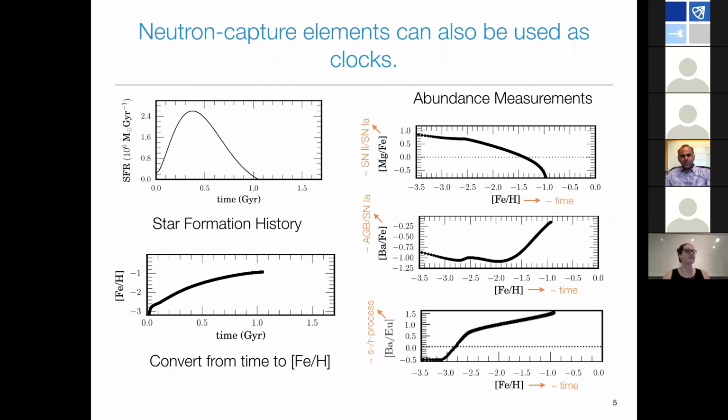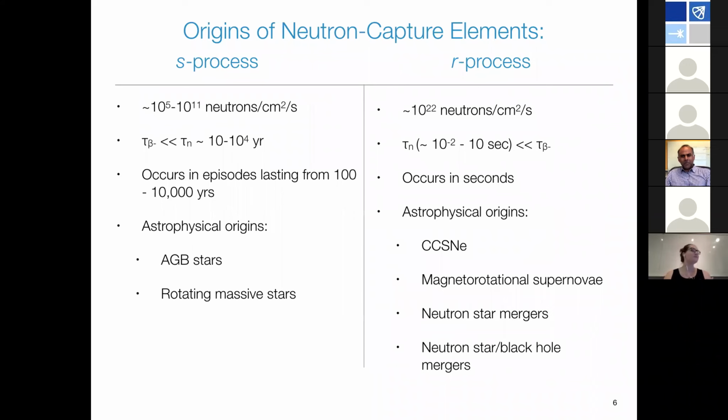Here's our definition of the r and s process. The s process is the slow neutron capture process, and the r process is the rapid neutron capture process. These two different processes are created in very different physical scenarios, and therefore from very different astrophysical origins. The slow process happens quite slowly, as you can imagine.